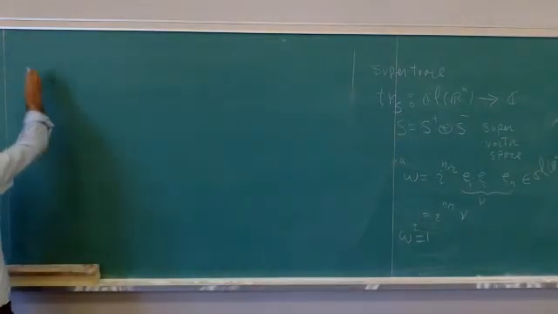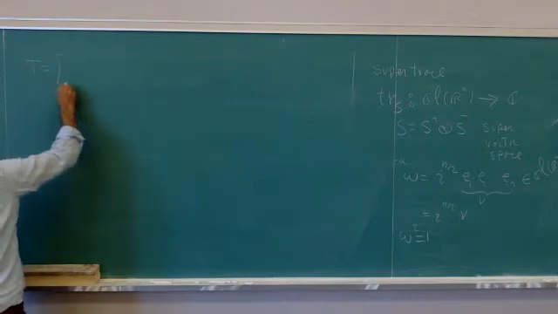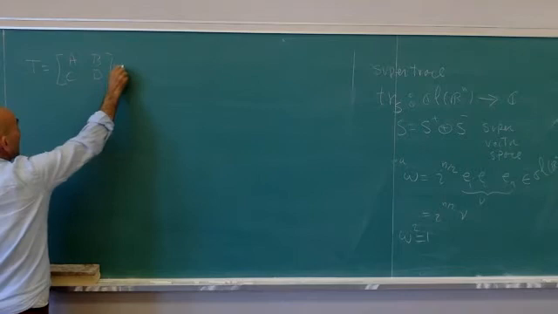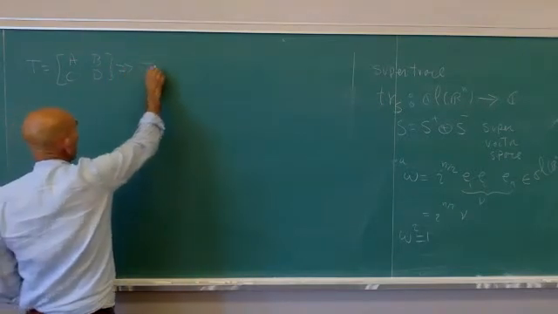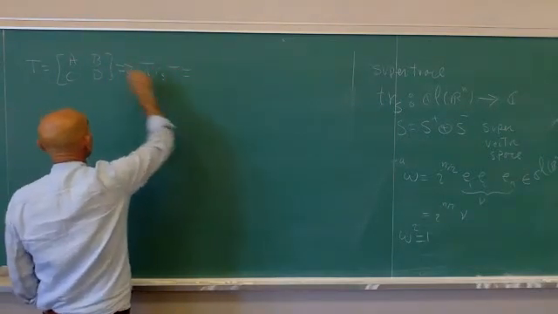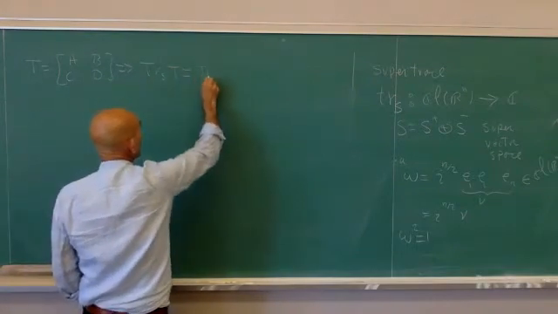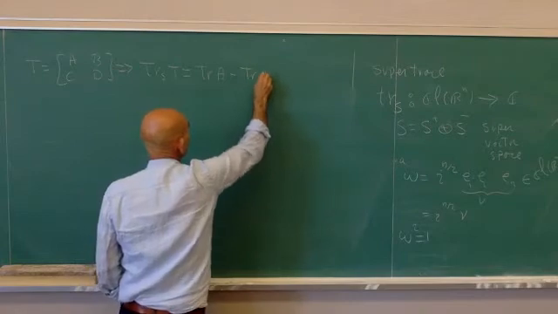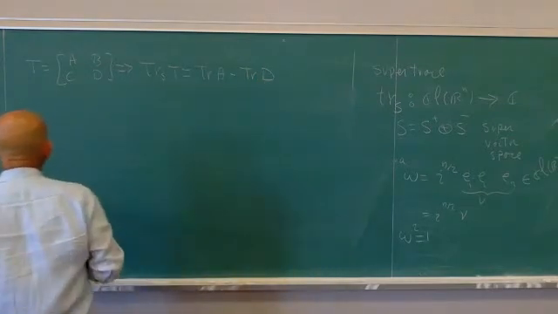So if your operator T was something like A, B, C, D, I said that the supertrace of T was equal to trace of A minus trace of D. Right?